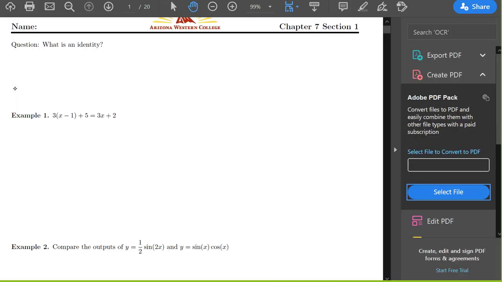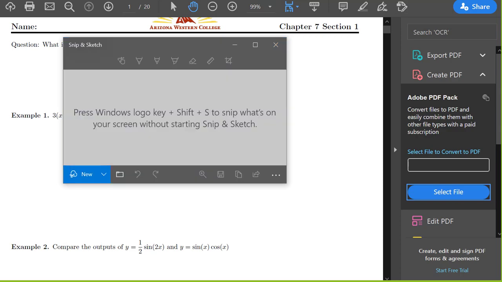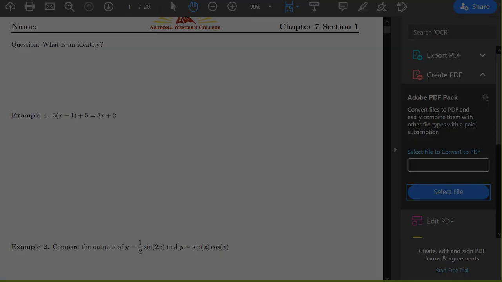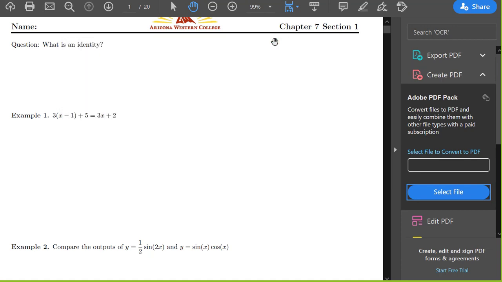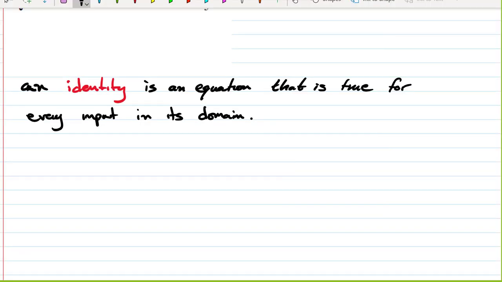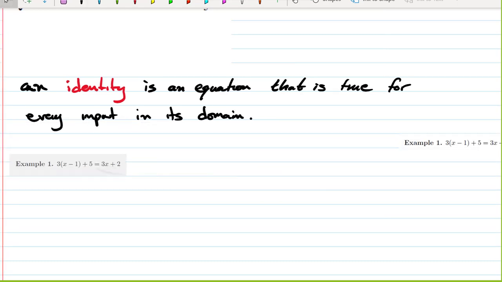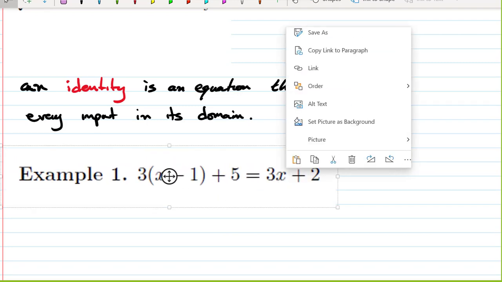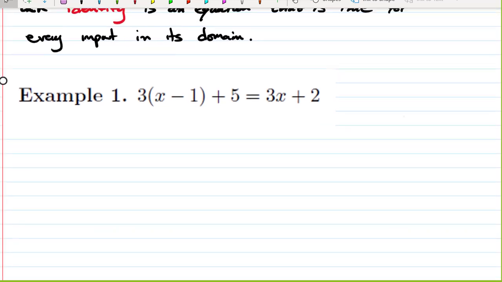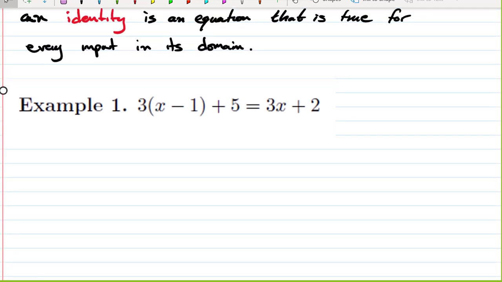So let's take a look at our first example from our sheet here. We've got the equation 3 times (x minus 1) plus 5 is equal to 3x plus 2. Let's see if we can guess a solution.